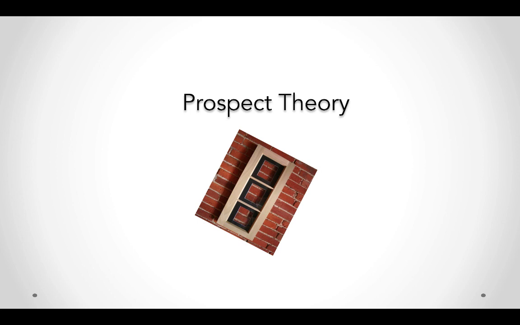Prospect theory was developed by the godfathers of behavioral economics. You know them by now, Daniel Kahneman and Amos Tversky. They wanted to convince the economists, not only the psychologists, that there might be something else going on in our minds.